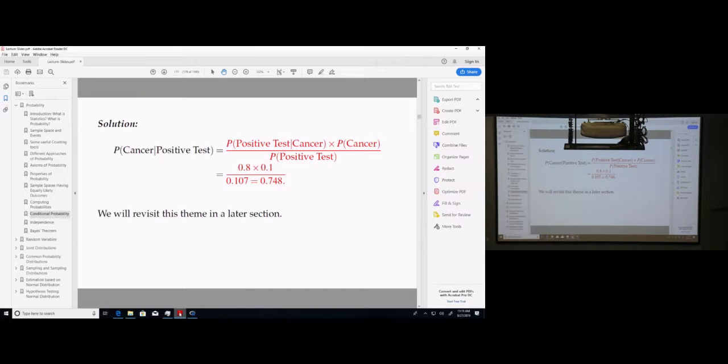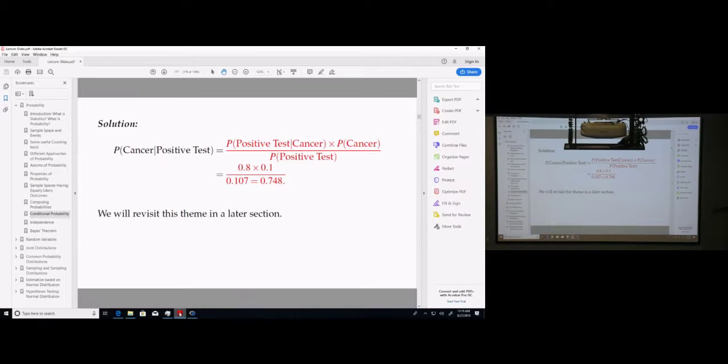I think we made a mistake, right? The equal sign should go to the next line. So this is 0.8 times 0.1 over 0.107, and the whole fraction is equal to 0.748. Now this is the thing that we will be most interested in.